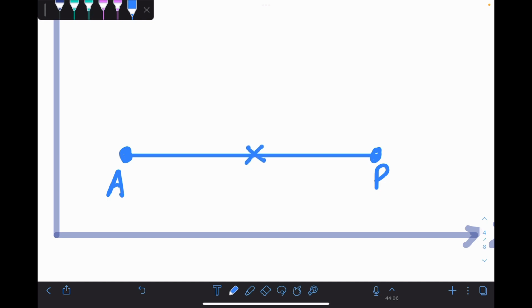There we go, X marks the spot, and I'm going to put a capital M for middle, because we've already used lowercase m for slope. Because it's the point between A and B, I will call this the middle point, M subscript AB.